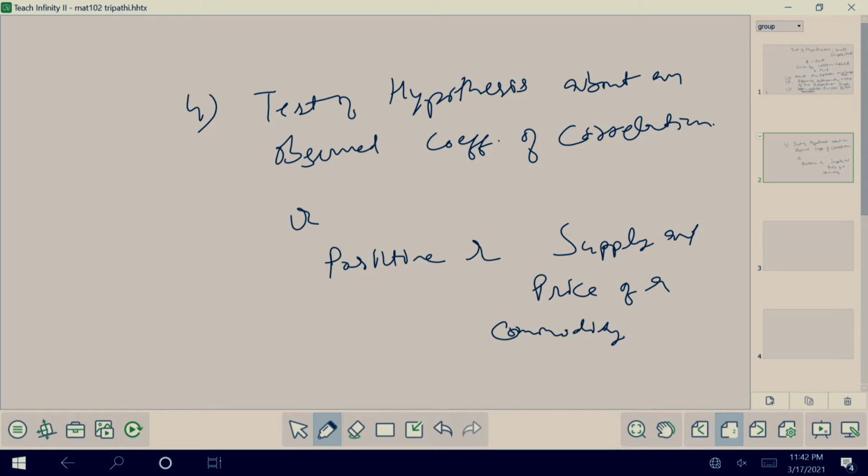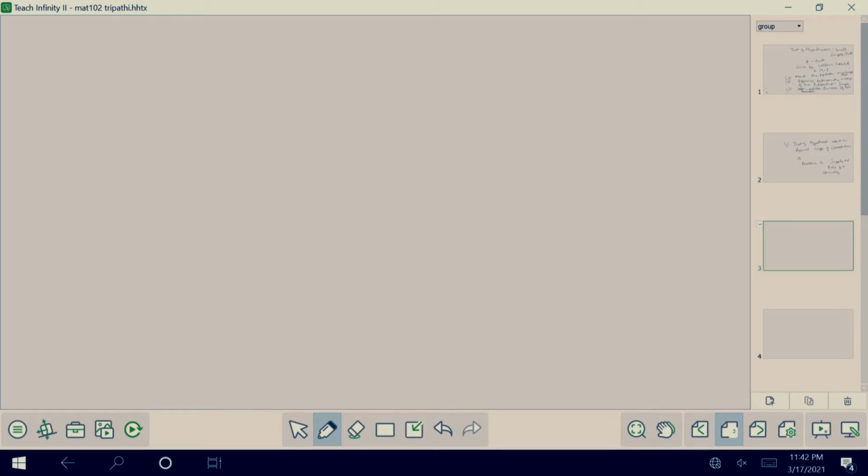Okay. Now, we will start our t-test with the first formula, that is test of hypothesis about the population, and you can say one sample test.